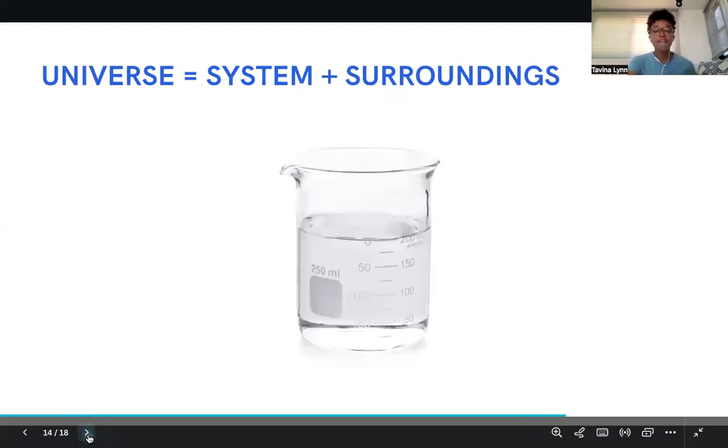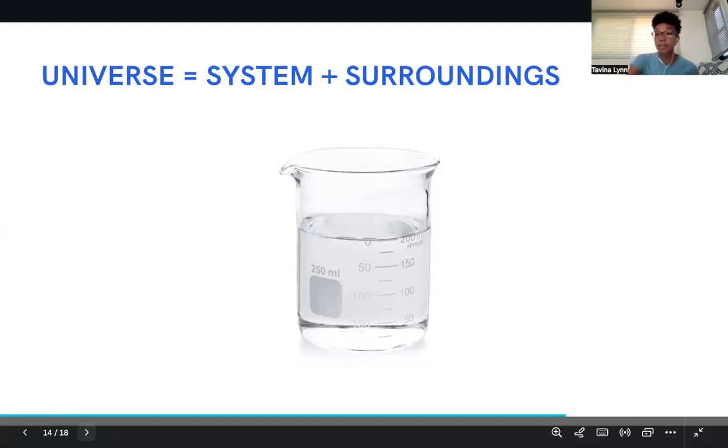So if I'm showing here a beaker of water, let's say I want to add some salt into this beaker of water. And what I am actually studying is how well the salt dissolves in the water.